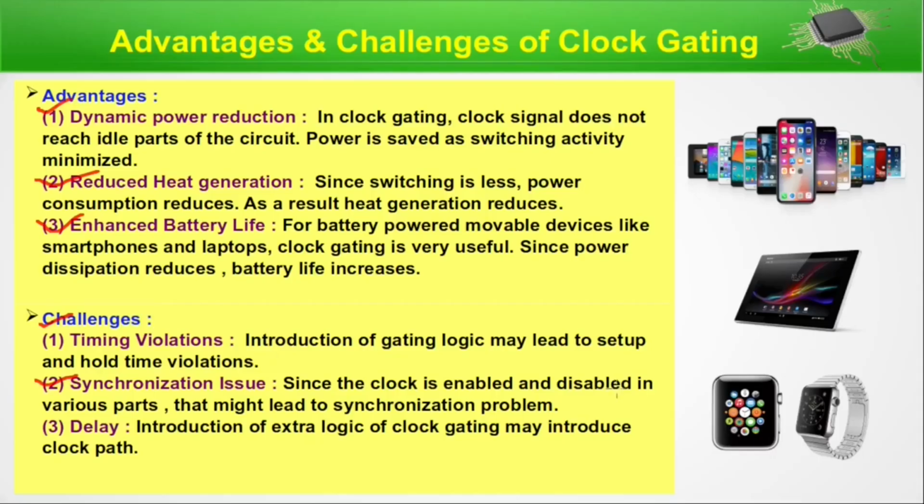Since the clock is enabled and disabled in various parts, that might lead to synchronization problems and delay before the gated clock. There are extra logics there, so a delay gets introduced. The clock path increases, delay gets introduced. So these are advantages and challenges of clock gating. We are done with this slide and we are done with today's discussion on clock gating.